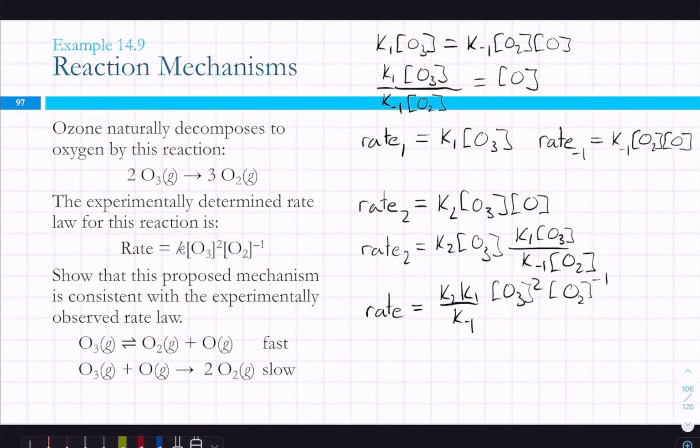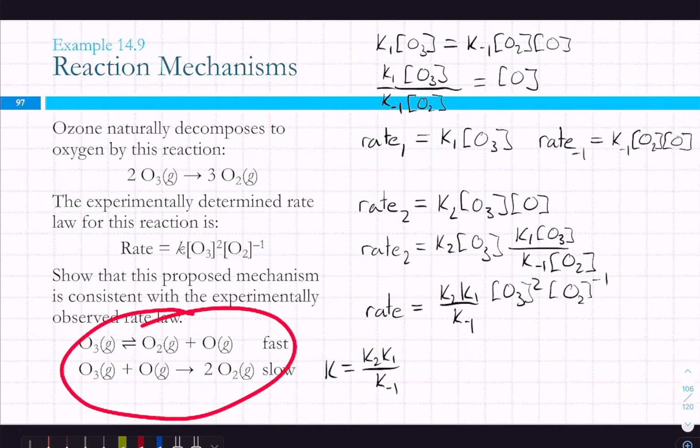So now if K for our experimental is equal to K2 times K1 divided by K -1, then our rate law determined here for our elementary steps is the same as that of the observed experimental rate law.